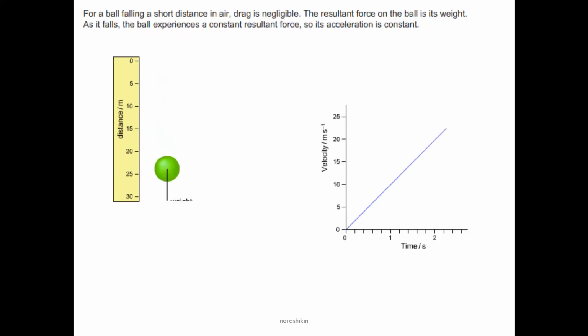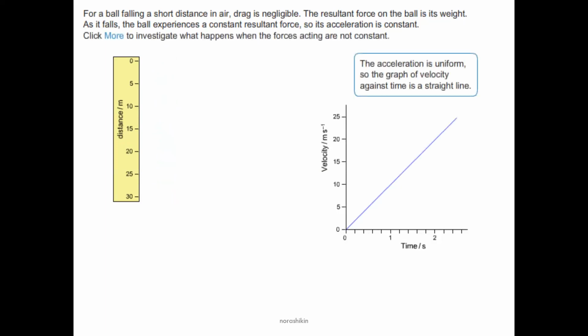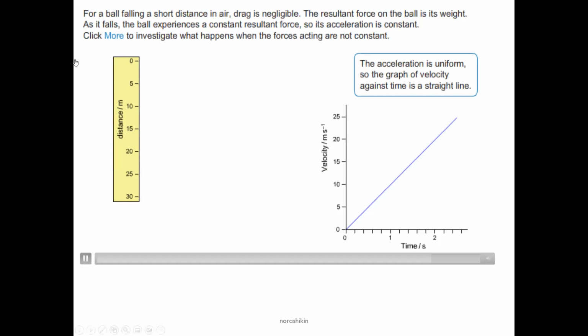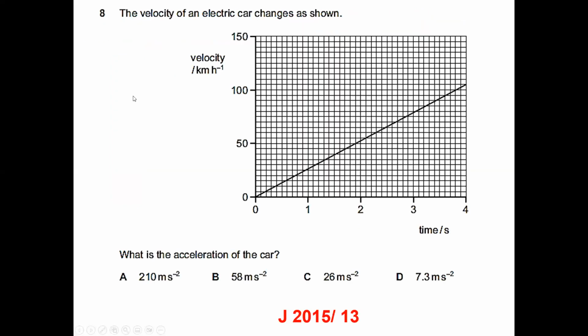Look at this line, a straight line. Straight line means velocity is increasing at a constant rate. Straight line means gradient is constant.